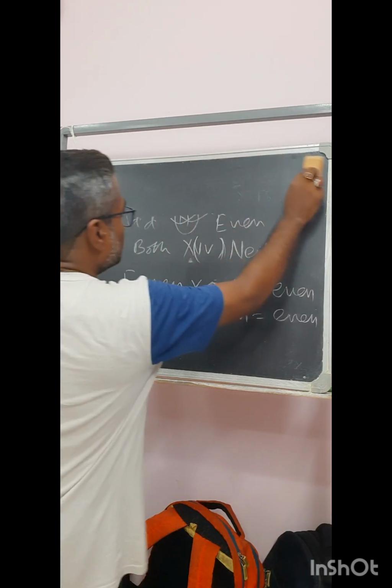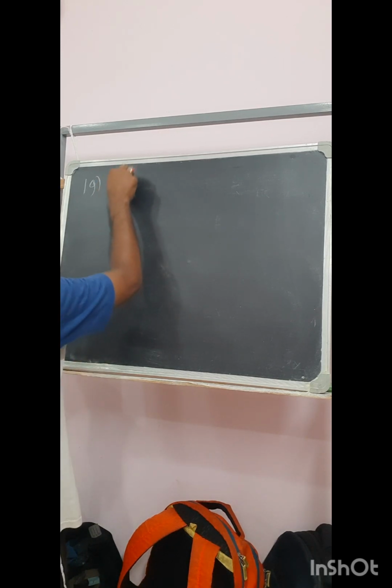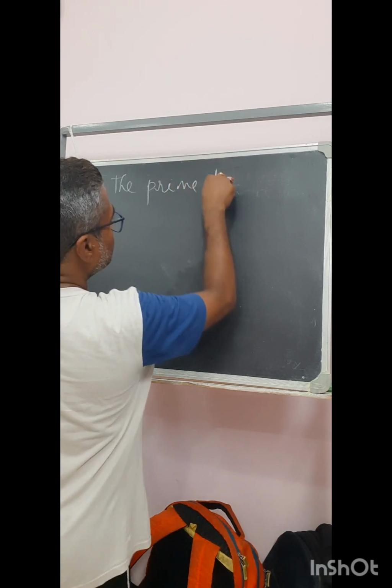Okay. Next comes number 19. It says the prime triplet.